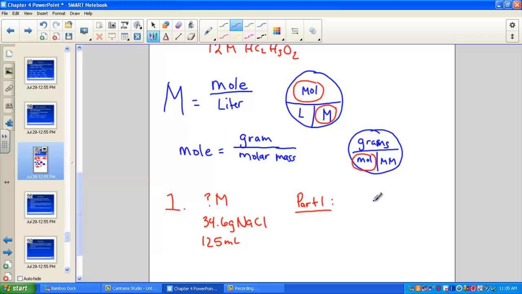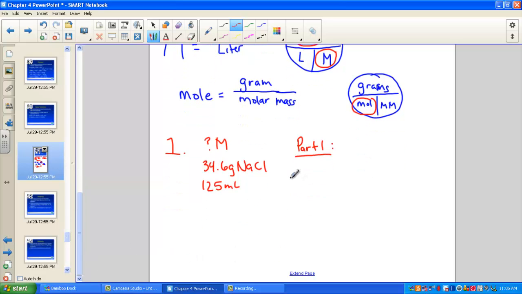Part one, let's use the mass measured in grams and the molar mass to pull out the mole. So step one of our problem, the mass measured in grams, 34.6 grams. I'm going to give myself a little more room here. I'll come down here. Here's the given, 34.6 grams of sodium chloride. And now my dimensional analysis uses conversion factors.